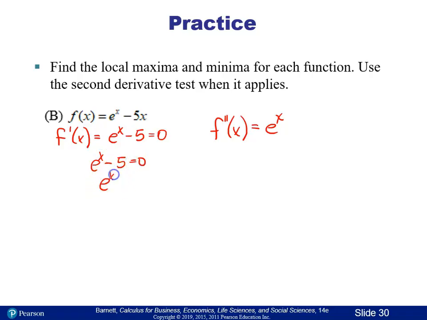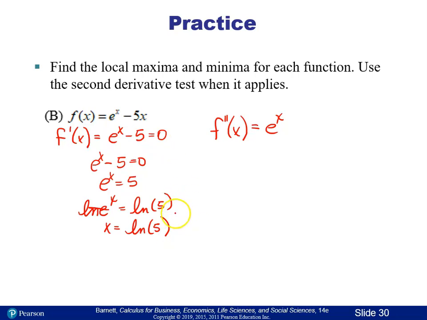So I'm looking for where e to the x would be equal to 5. And we've done enough with these to remember, hopefully, that to get rid of the e, you use the natural log. Okay, so the only critical number I really have is the natural log of 5.